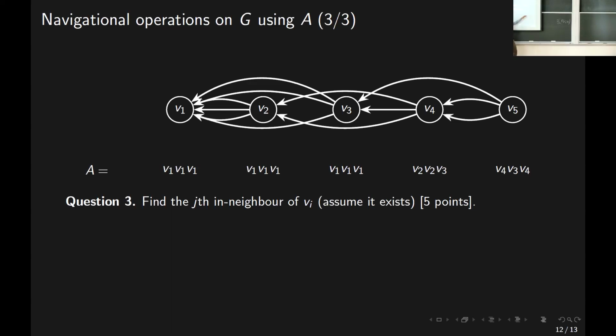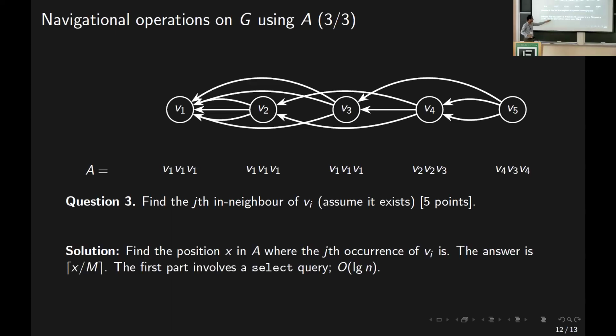We take the position, and the position will inform us about which vertex is a source of the vertex vi, okay? So we find the position x in A where the jth occurrence of vi is, and the answer is simply the ceiling of that division. So the first part involves a select query to find the jth occurrence of vi, which takes big O of log n time, and this is a constant time operation.